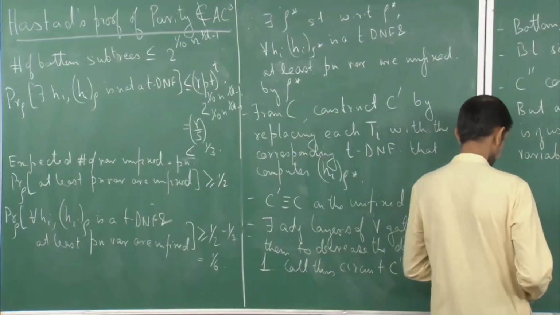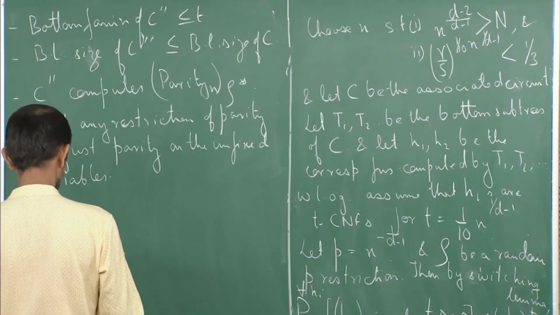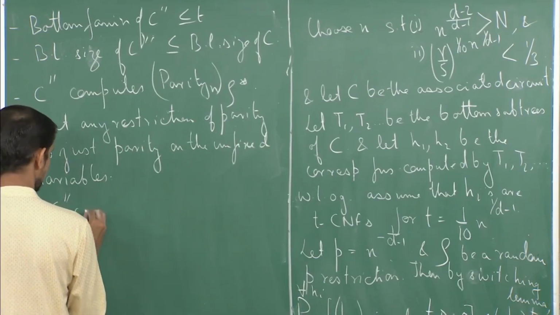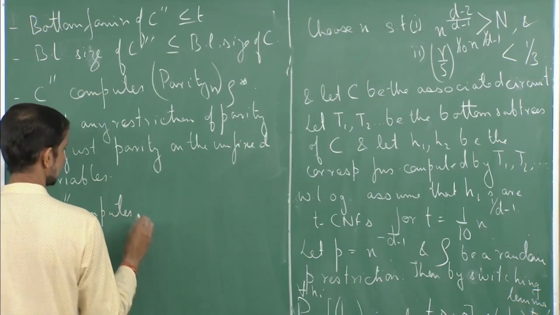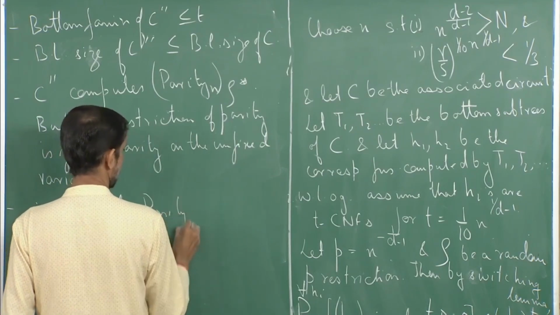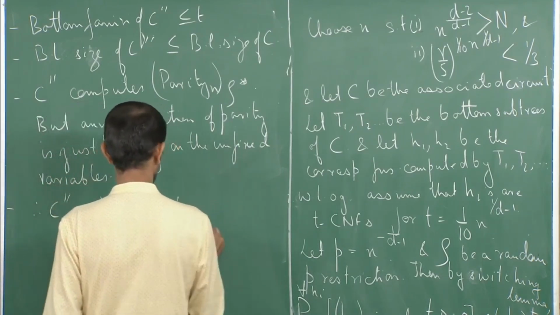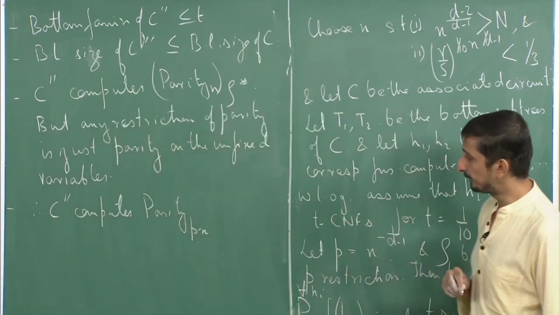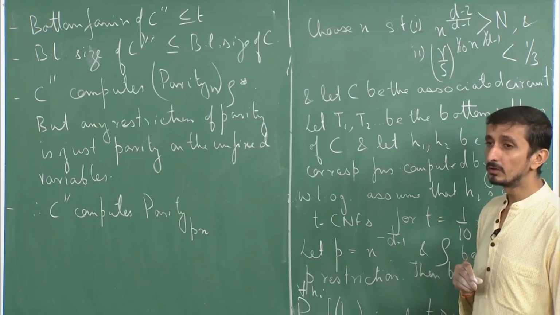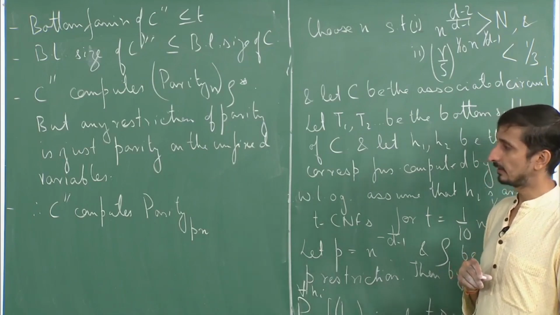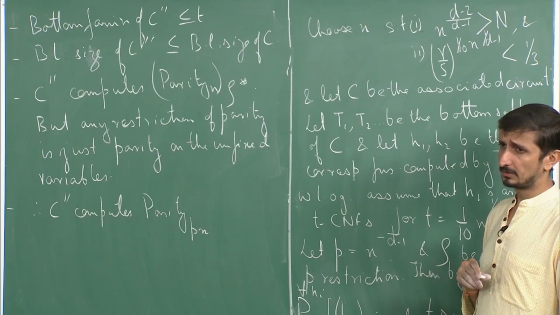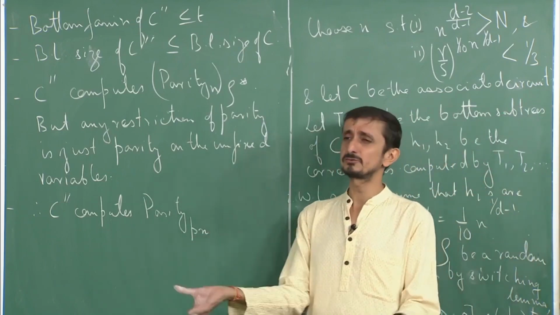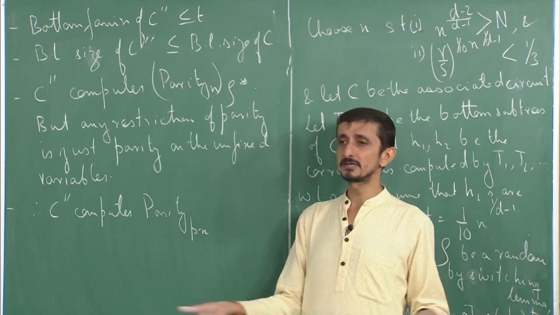Okay. So, therefore, C double prime computes parity on the unfixed variables, right, because the other variables are fixed to 0 and 1, so they have become constants now.